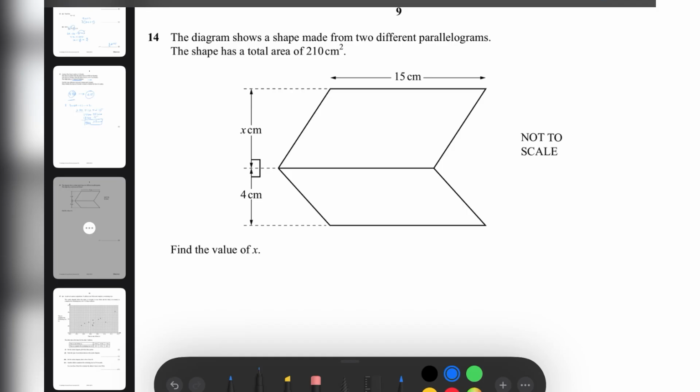Two parallelograms, students. Okay, find the value of x. Now it's very simple. Parallelogram, what is the formula for parallelogram area? I'll take this as A1, this as A2. What is A1? L1 into H1, that is length into height, plus.